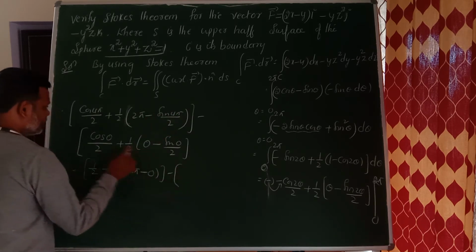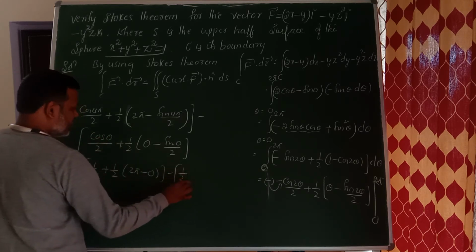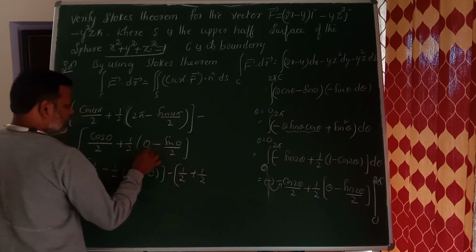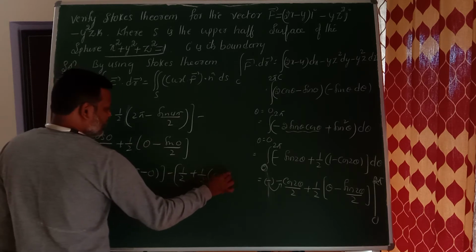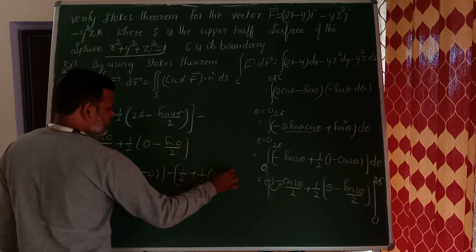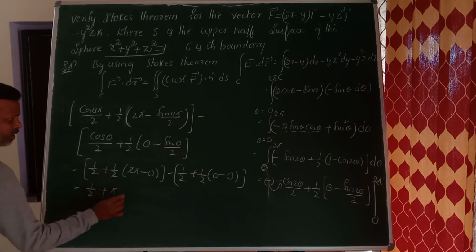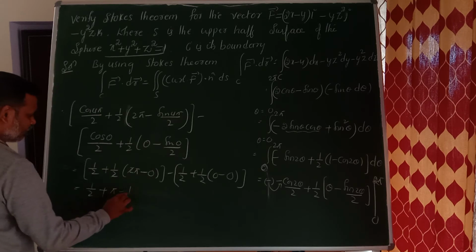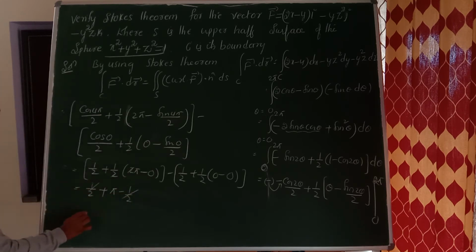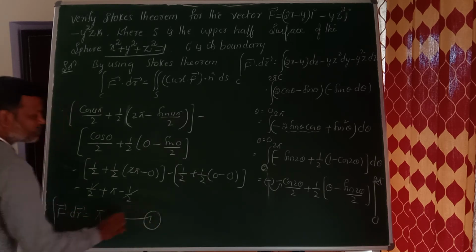Minus cos 0 is 1, this becomes 1 by 2 plus half into 0 is 0, minus sin 0 is 0, 0 by 2 is 0. So 1 by 2 plus pi, minus 1 by 2. These two get cancelled, remaining is pi. This is the line integral over C of f dot dr, equation number 1, the LHS part.